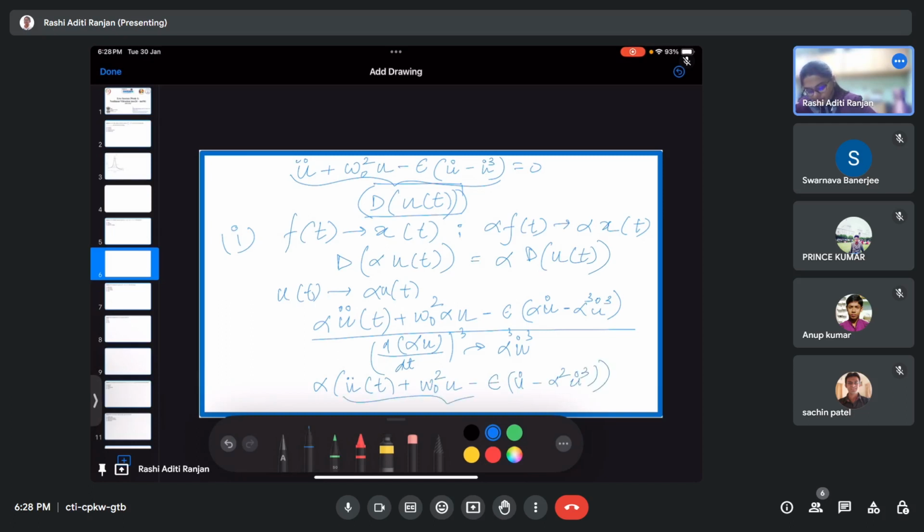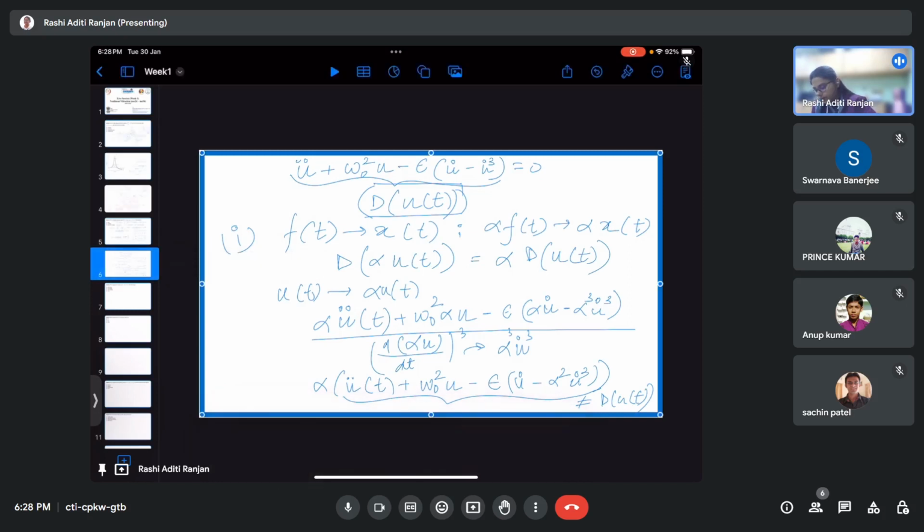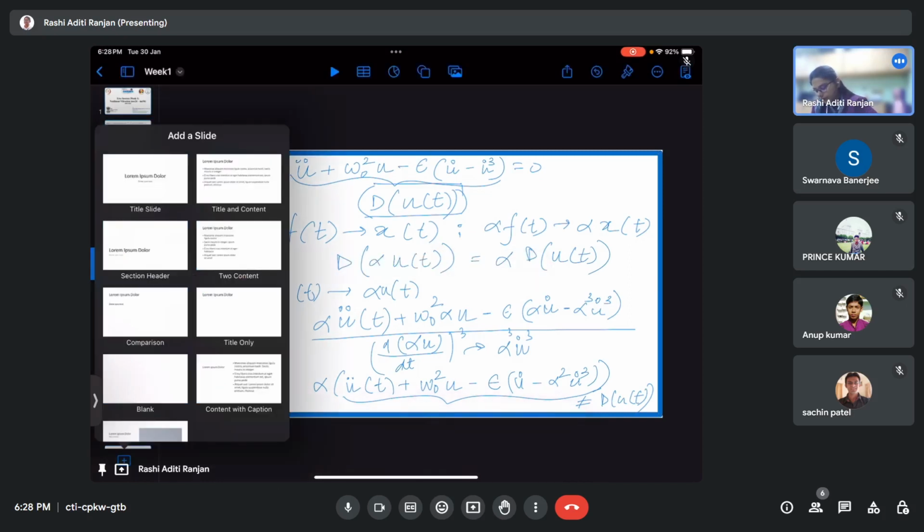And this term is not equal to d of u of t. So this equation does not satisfy the homogeneity rule. Since it is not satisfying the homogeneity rule, we can say now that it is nonlinear. But we'll see the second rule also in order to have a better understanding.